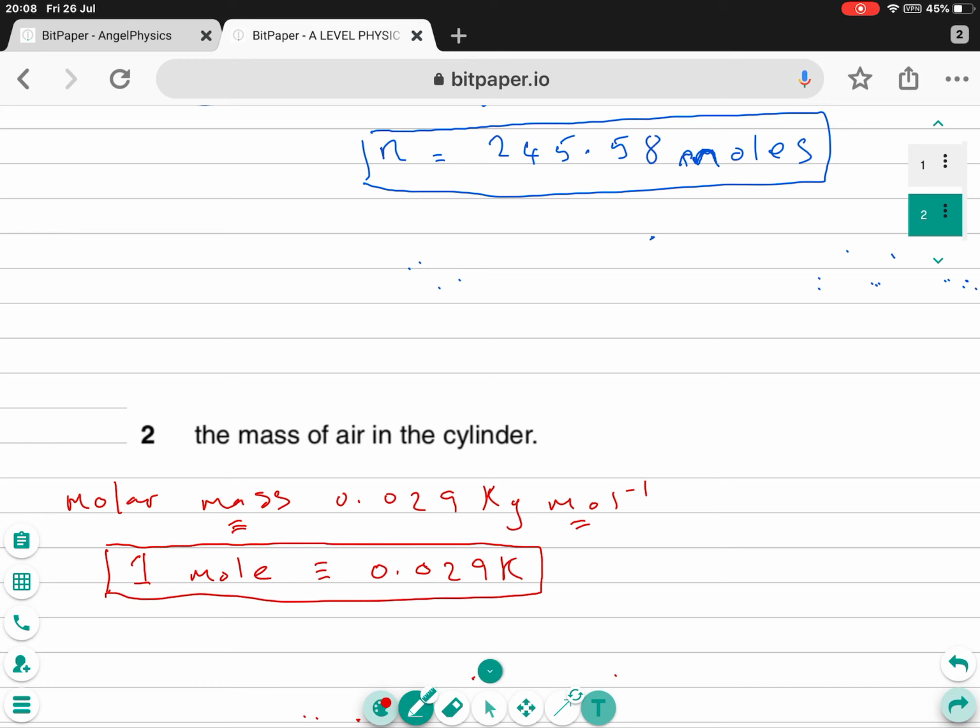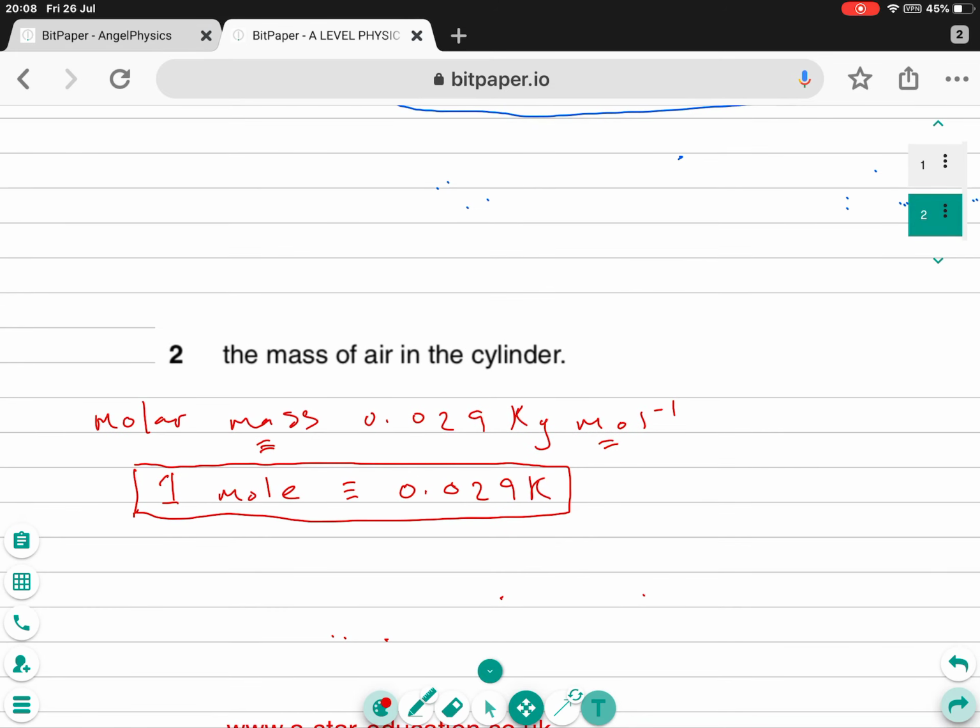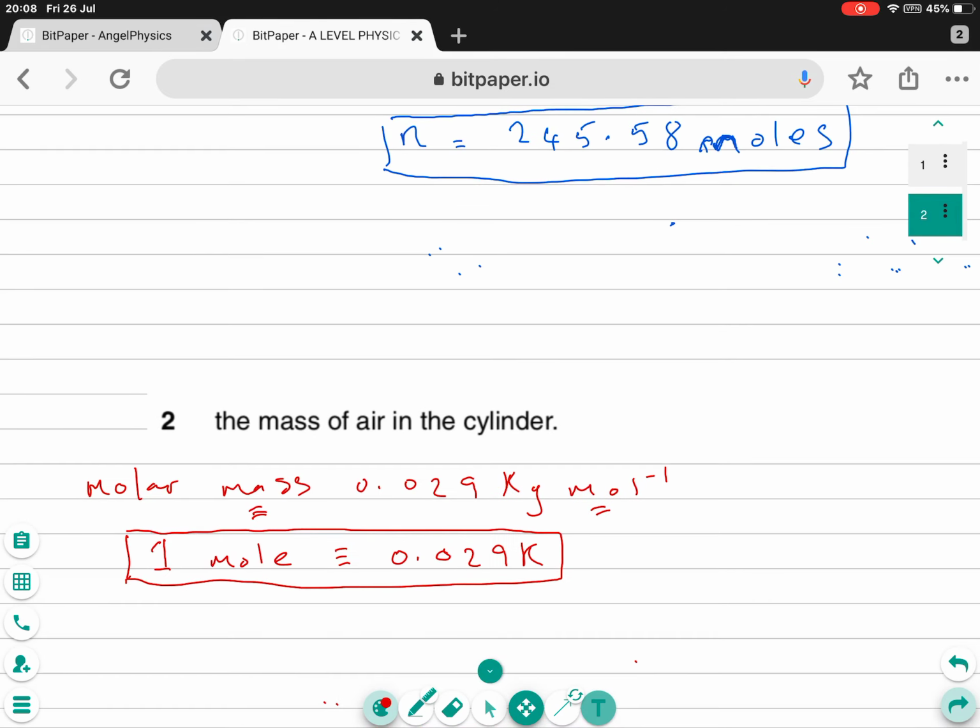Well, that's really useful, because if we know what 1 mole is, then we can work out what any number of moles is in kilograms. Okay, so 1 mole is equal to that, but we haven't got 1 mole. We have 245.58 moles. All right, so we can use that to find out how many kilograms that is, because we know what 1 mole is. All right, so let's have a go at doing that.